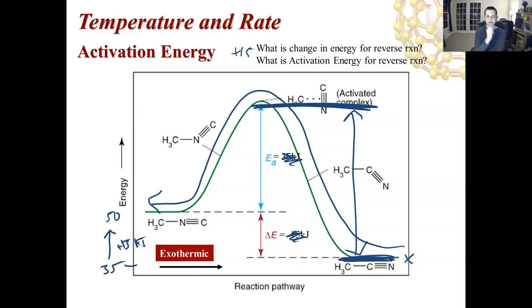Activation energy is from where you start to that peak, right? This was 85, so we started at 35 and went up to 85. So that EA is 50 kilojoules for the reverse reaction.